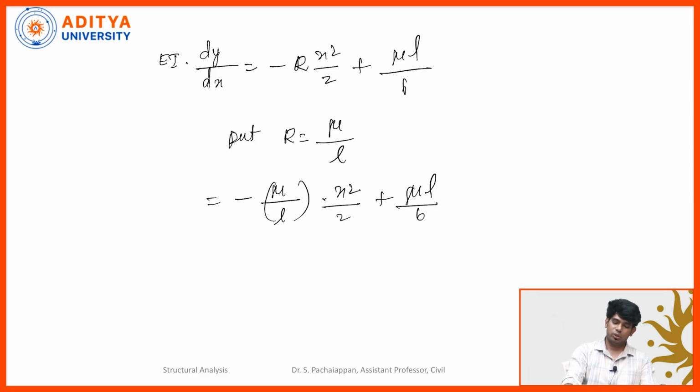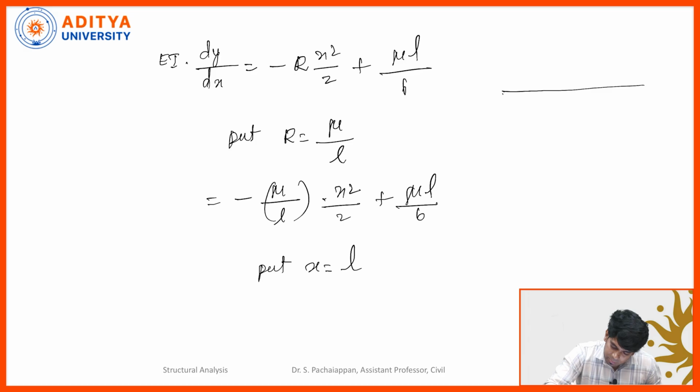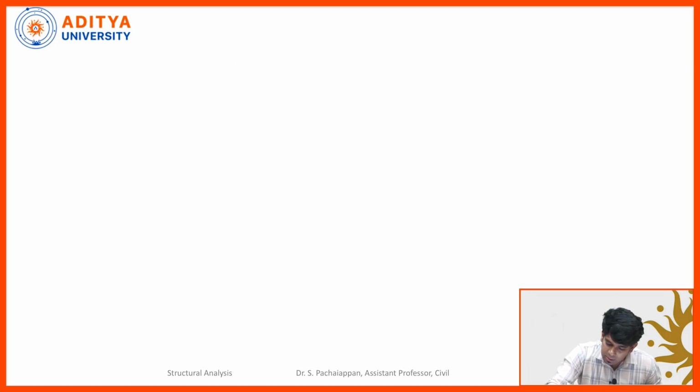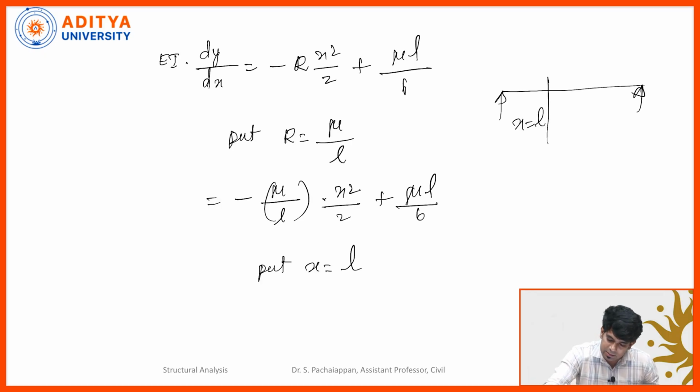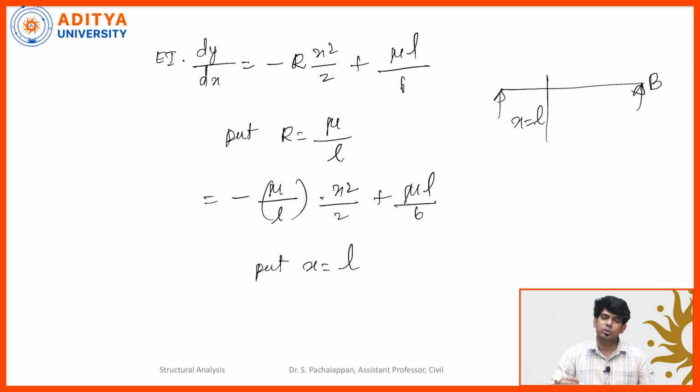Now I am going to put x is equal to L in the above equation because this is our beam. If you put x is equal to L, then it will be support B. We can substitute x is equal to 0 also because at support A also it is simply supported, we will be getting the theta A value. In this case, I am substituting the value of x is equal to L.